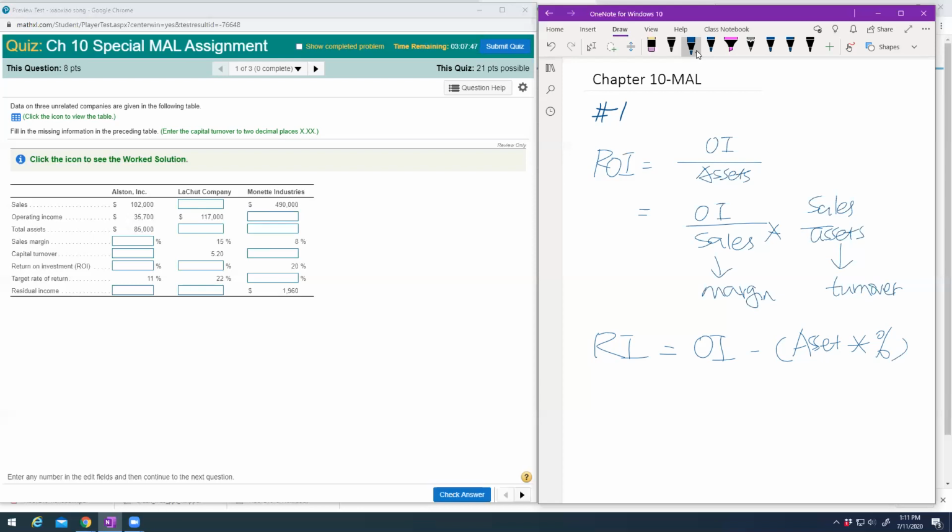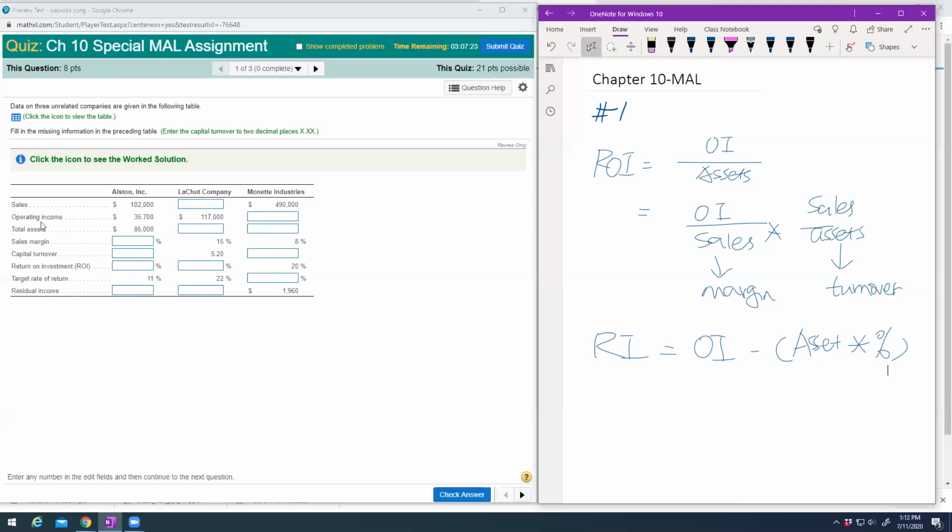So I look at this company, and you do this by yourself. You have sales, operating income, assets, sales margin. Sales margin is operating income divided by sales, right? Capital turnover is your sales divided by your assets.